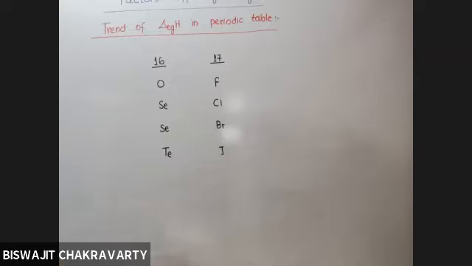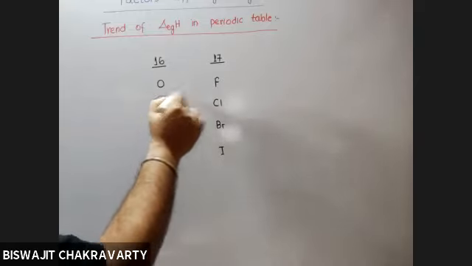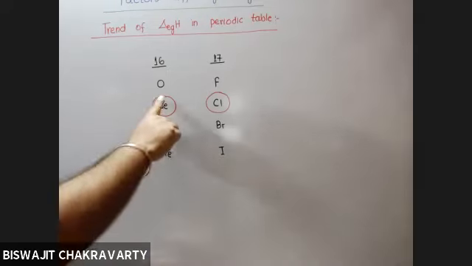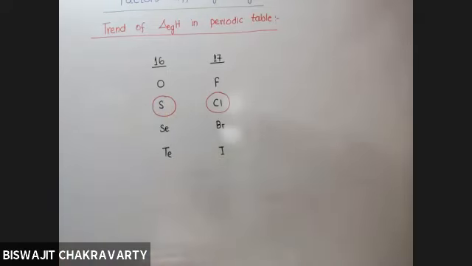But experimentally, it has been found out that it is not oxygen or fluorine who show the maximum negative delta EGH. Rather, it is the second members, sulfur in group 16 and chlorine in group 17 who are showing these exceptions. They are found to show maximum negative delta EGH, which means that they are violating the rule.